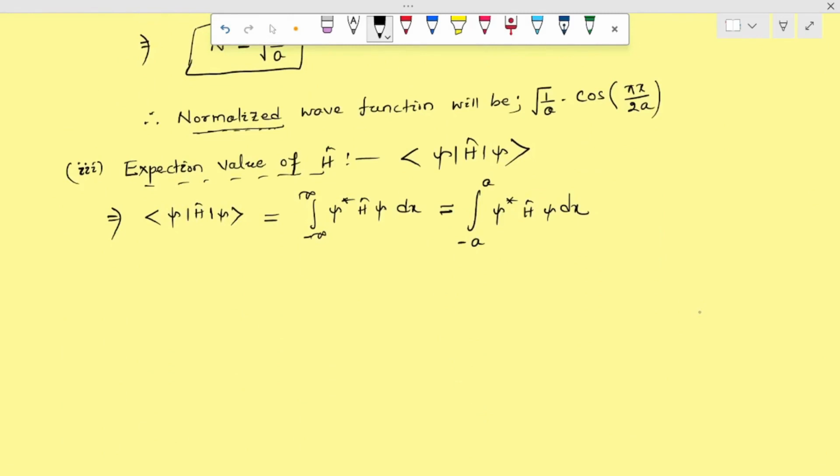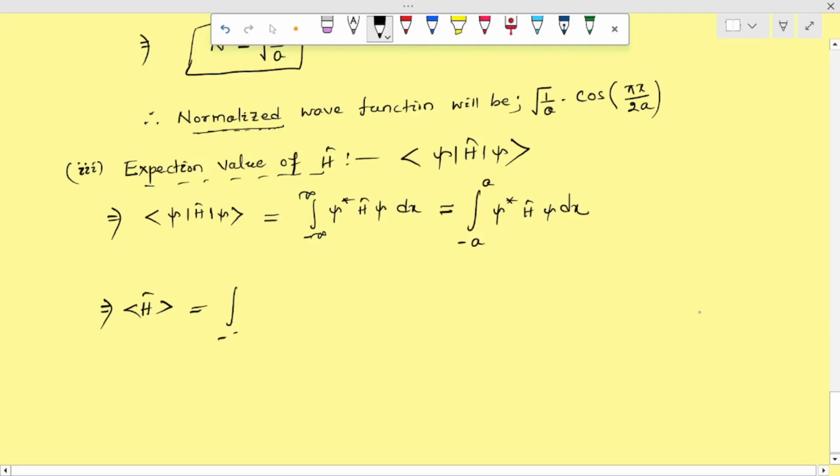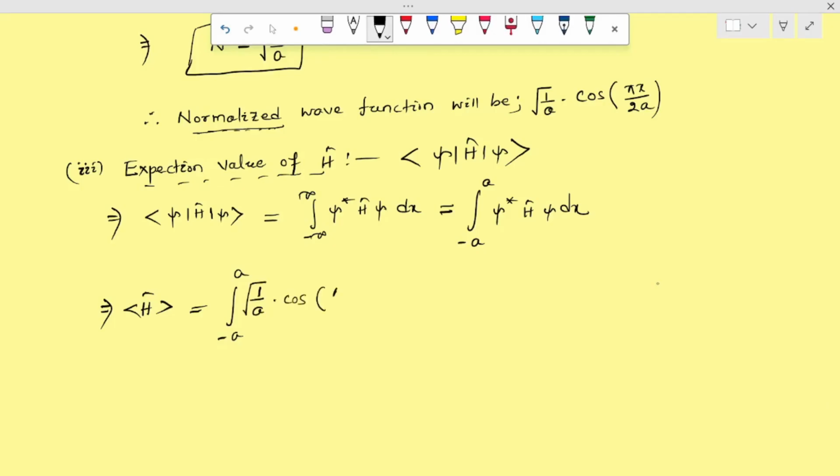Okay, so that implies the expectation value of Hamiltonian is equal to, first write, minus a to a psi star, whose value is root over 1 by a cos pi x by 2a.